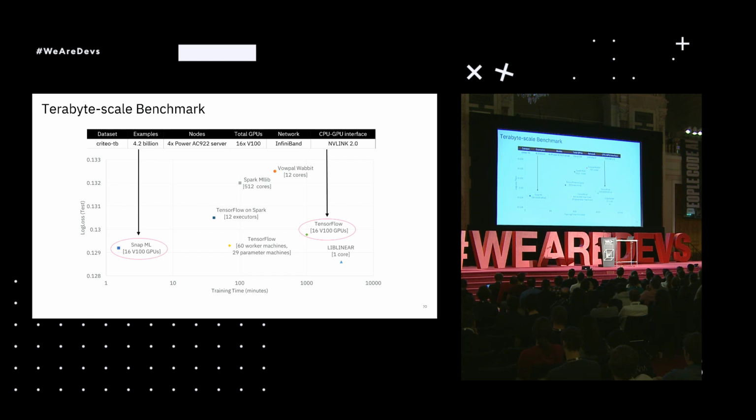Because this is a very well-known data set, probably among the biggest publicly available ones, there are many other benchmarks that people have done in the recent past. One was done in the Google Cloud using TensorFlow, using 89 machines. So compare 89 machines with our 16 GPUs. We get about 2 orders of magnitude.